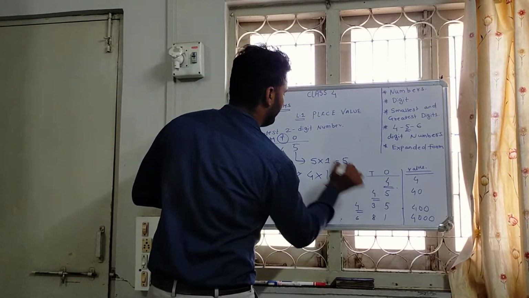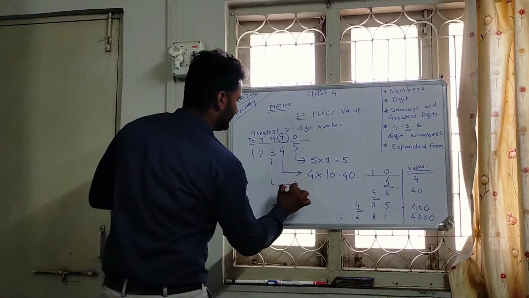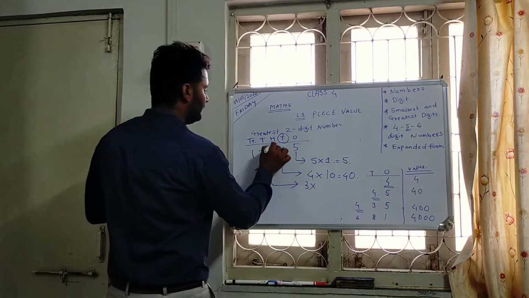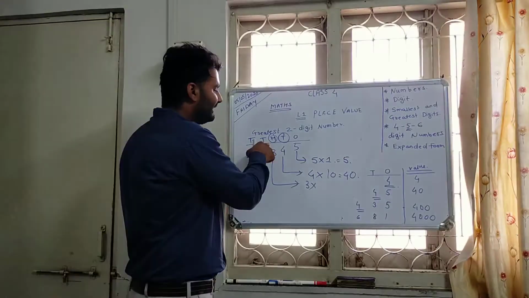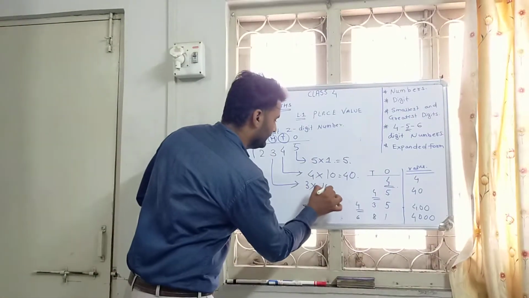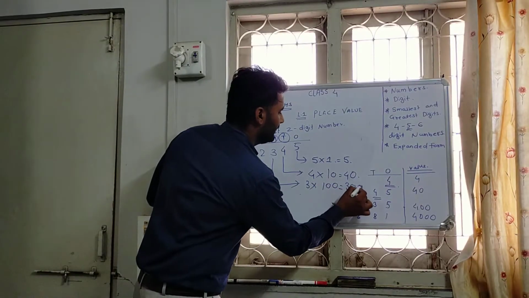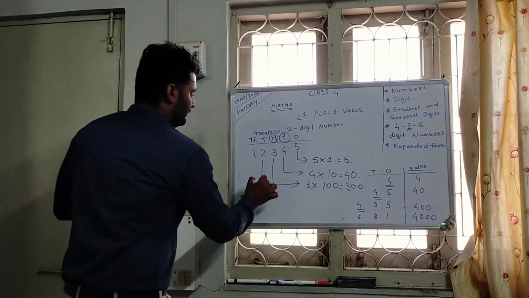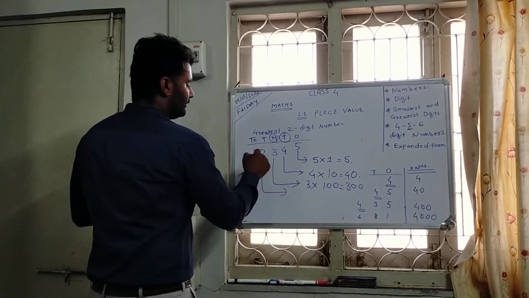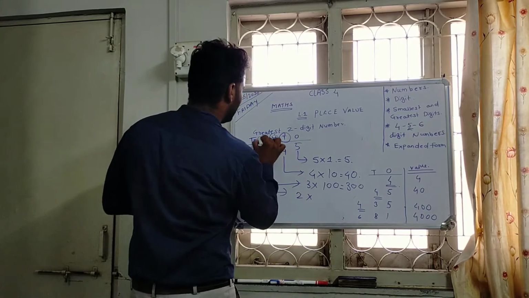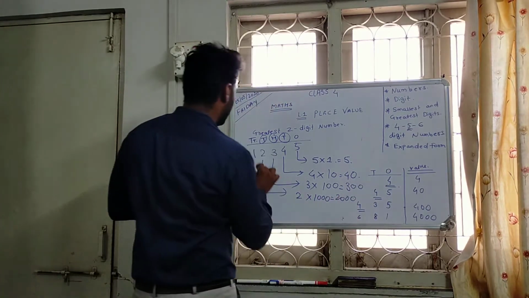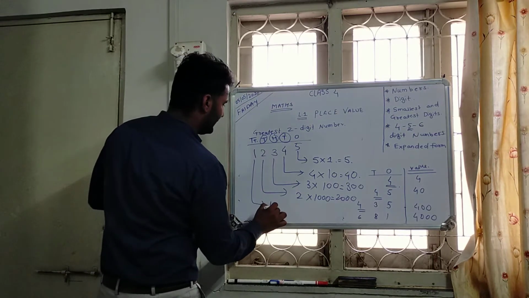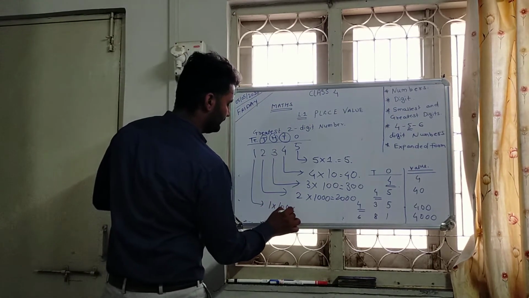That means 40. Similarly, 3 multiplied by 100, because 3 is present in the column of hundreds. That is 300. Similarly, 2 multiplied by 1000 and 1 multiplied by 10,000.